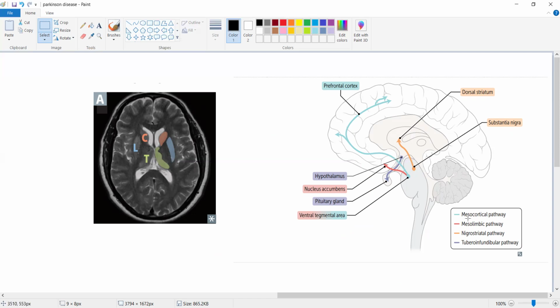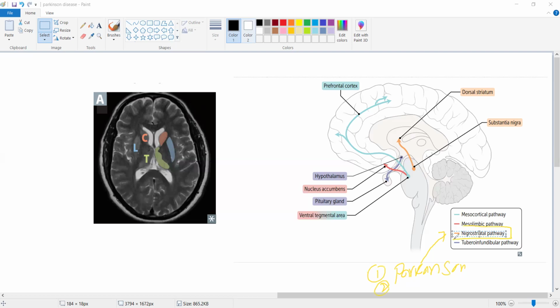The nigrostriatal pathway is basically affected by Parkinson disease, and it is a target for another drug. Can anybody name the drug? Which drug? Antipsychotic. So Parkinson, and an antipsychotic.